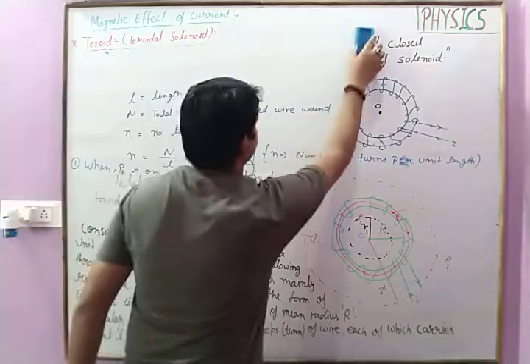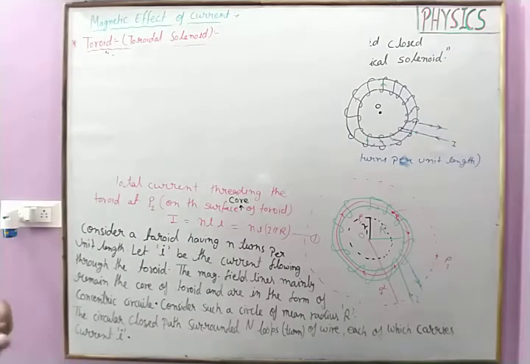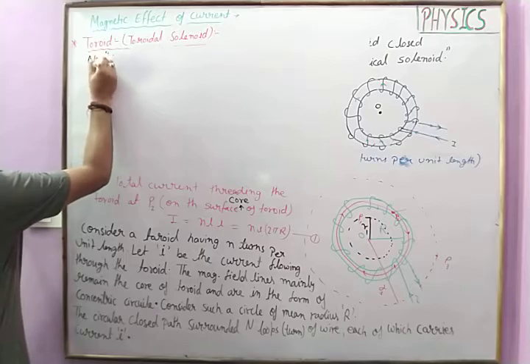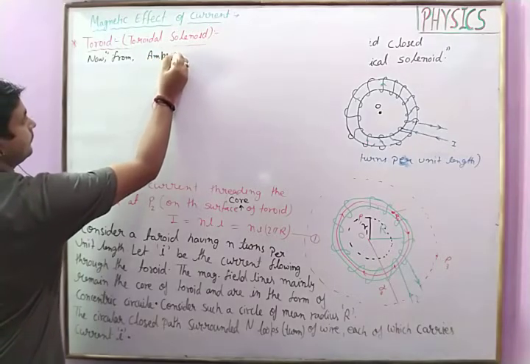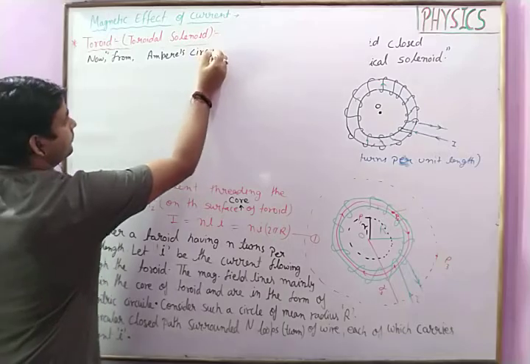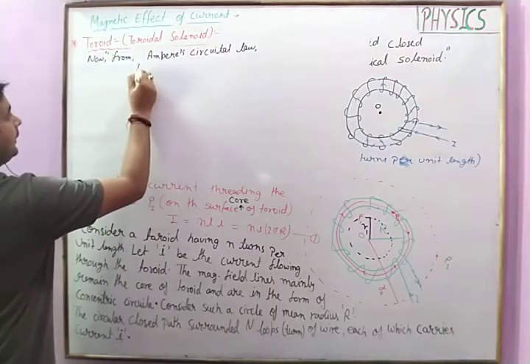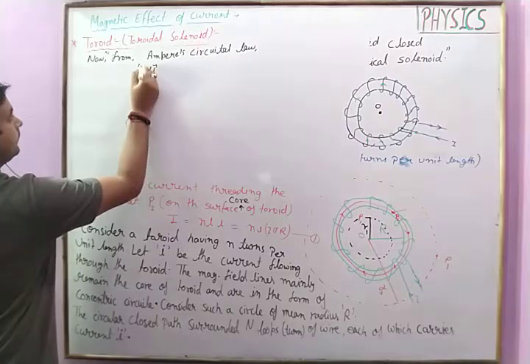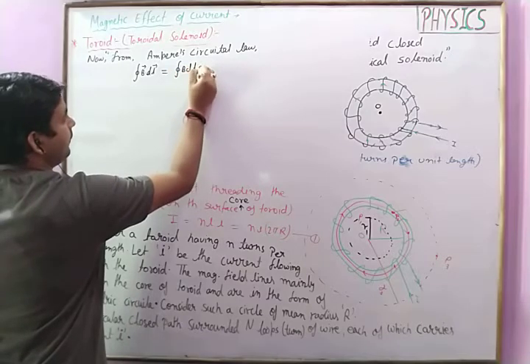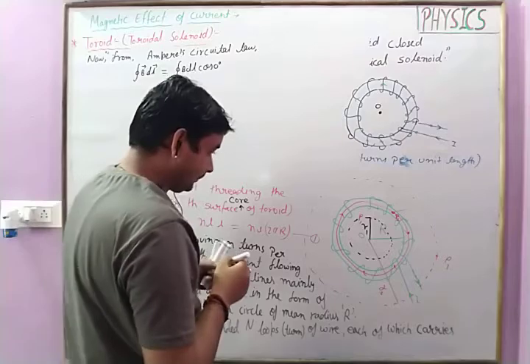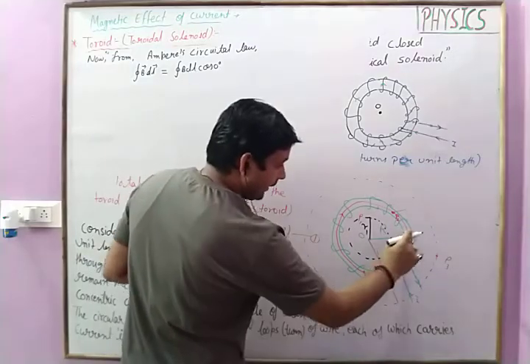Now, using Ampere's circuital law, the line integral of the magnetic field for a toroid is B dl cos 0 degree, because the current is moving like this.